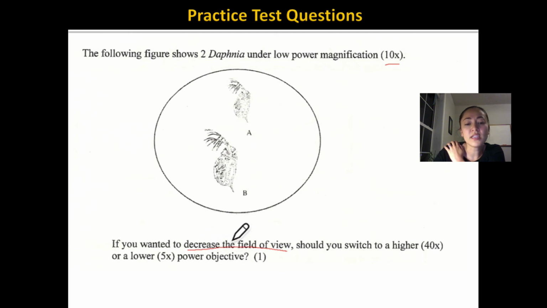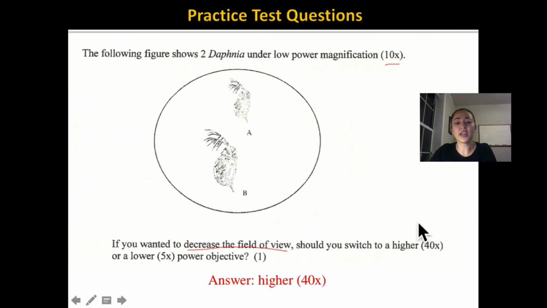Well, if you want to decrease or lower the field of view, remember the area that you can see, then you're going to want to increase the magnification because remember they have an inverse relationship. So the answer here would be switch to a higher power objective. So go from the 10x to the 40x. Because remember, increasing magnification lowers or decreases the field of view.